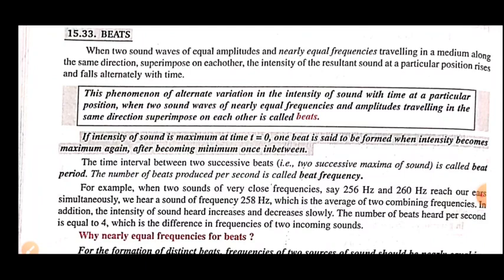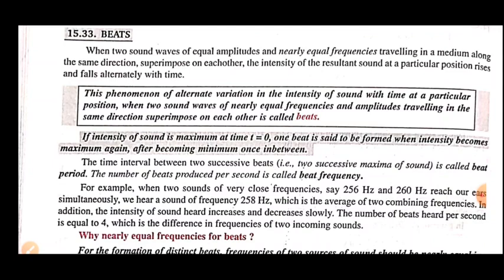But here the two waves that superimpose over each other are sound waves, and their property is that there should be a slight difference in their frequencies, not equal frequency, only a slight difference. If they travel in a medium along the same direction and superimpose over each other, then the intensity of the resultant sound at a particular position rises and falls alternately with time.